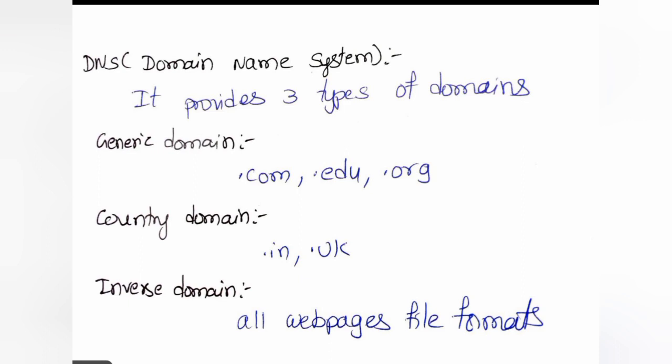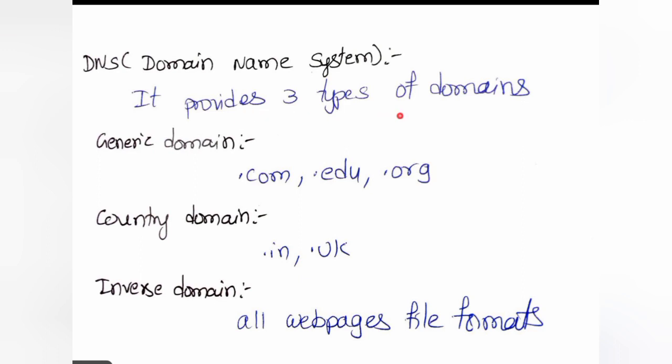Normally we cannot remember the IP address, right? Suppose I want to search google.com. We can easily remember the name google.com, but it will be difficult to remember the IP address of the Google server. So that's why we use the domain name or the website name here.